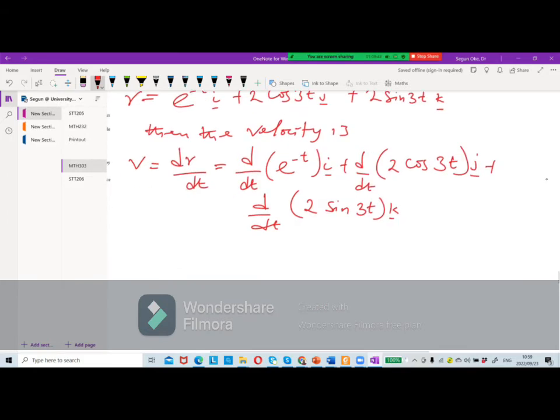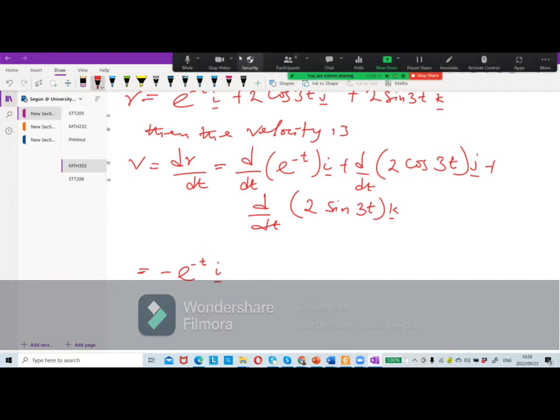So for us to differentiate this, if you differentiate exponential minus t, what do you get? Minus exponential minus t i. Sorry, let me ask this question. If you don't know how we got minus exponential, please raise up your hand so that we can take care of that before we move forward. Anybody in that class? I, sir. Okay.